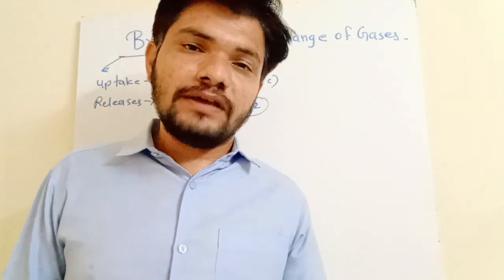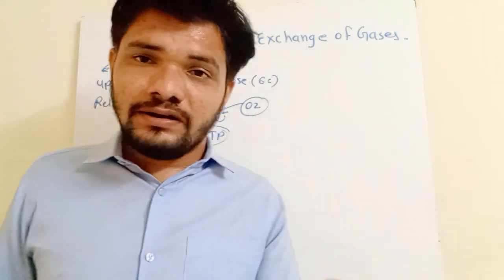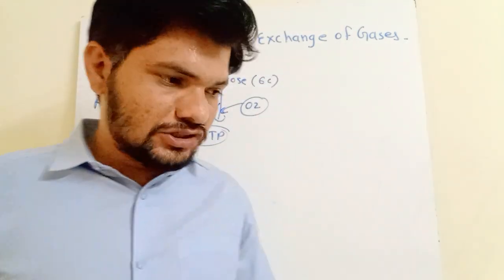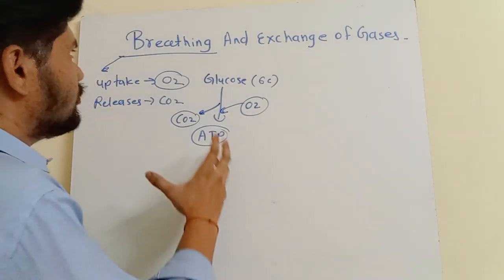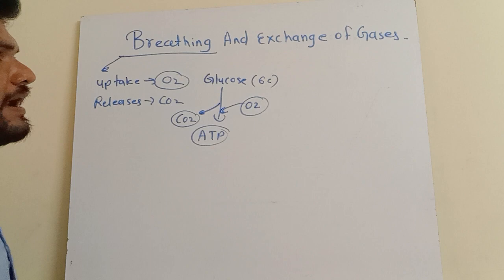All these processes make respiration, but breathing is just a part, and it is just a support for respiration. We need to understand this whenever we are studying breathing and exchange of gases.